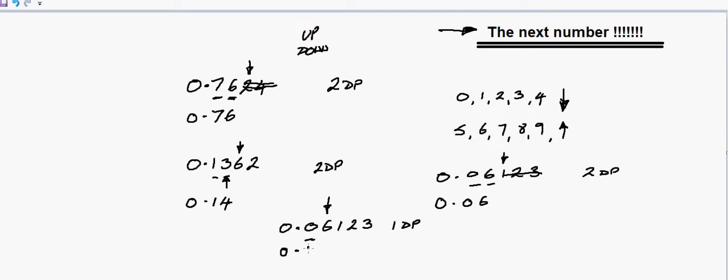So we get 0.1. It really is that simple. Always look to the next number, and that will tell you whether this number is going to be going up or going down. So rounding to decimal places you're probably familiar with, you're probably okay with, but it doesn't hurt to go back over it.